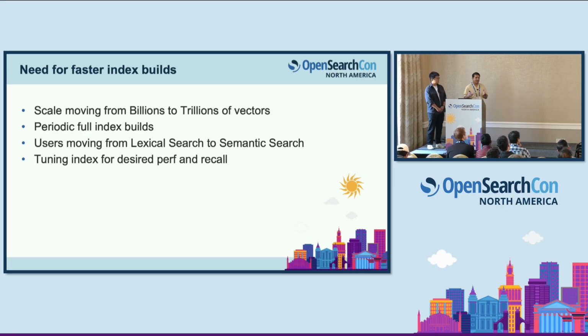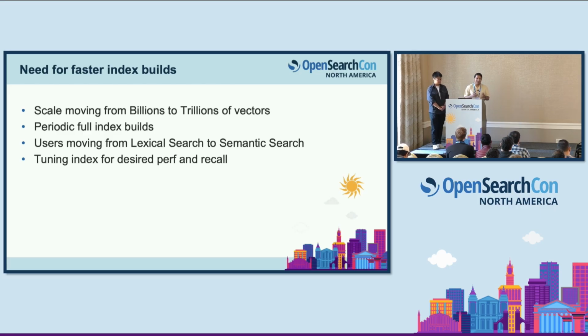Another thing is tuning the index. As mentioned in the first talk by Corey also, vector indices are not simple indices. You have to tune them to get the desired performance, to get the desired recall. And to do that, you have to build multiple indices. You can do it in a simpler fashion: okay, I have billions of vectors, but I don't want to build a billion index. I can just go with a million index, or take a subset of vectors, build an index, and see if my performance is working well or not.